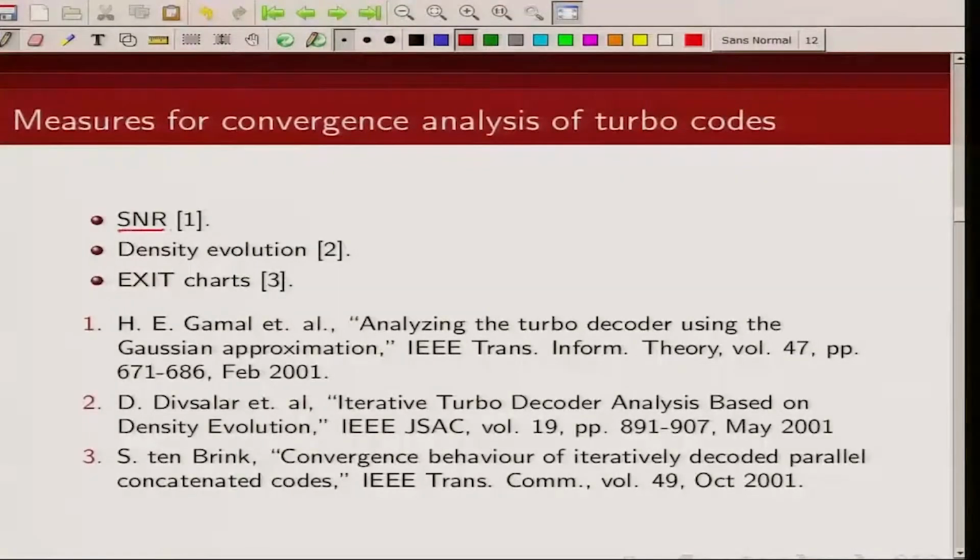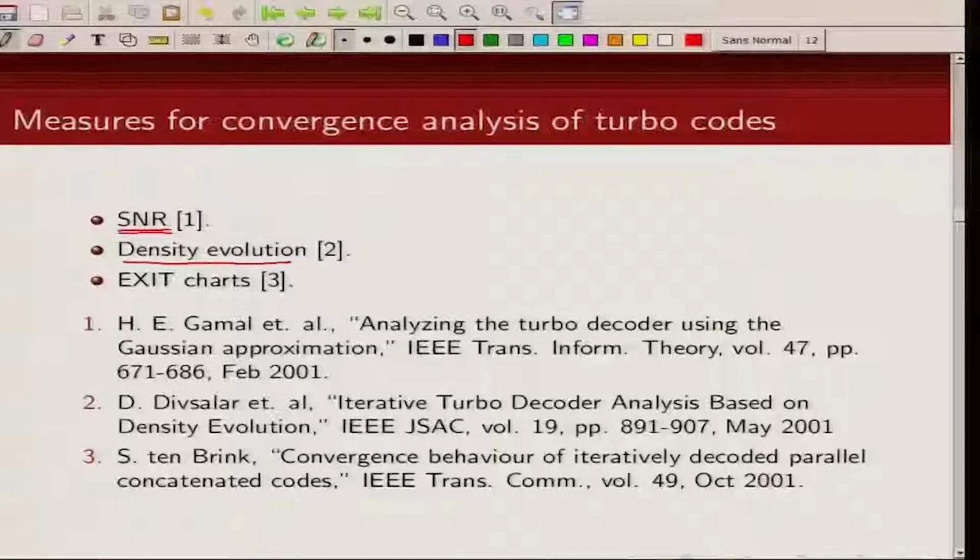This technique by Al-Gamal makes use of Gaussian approximation, and it tracks the signal to noise ratio. It tracks the signal to noise ratio of the extrinsic information and observes how this SNR of the extrinsic information grows when you change the SNR of the a priori information.